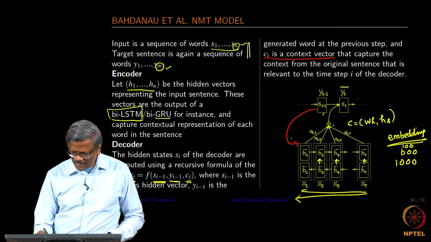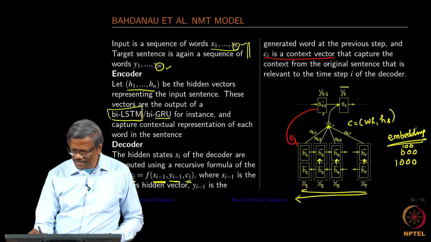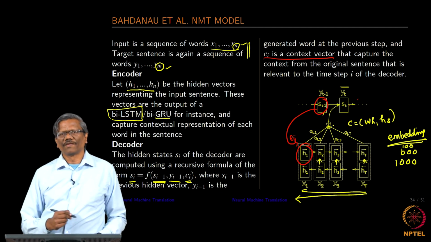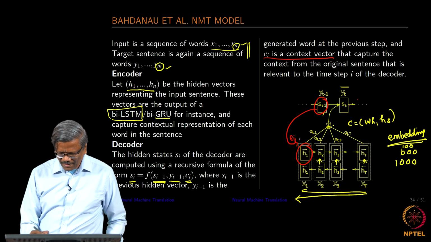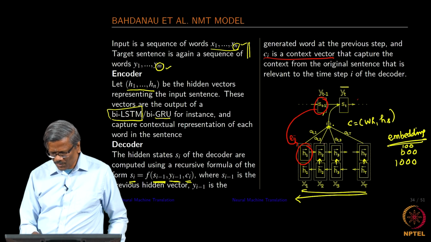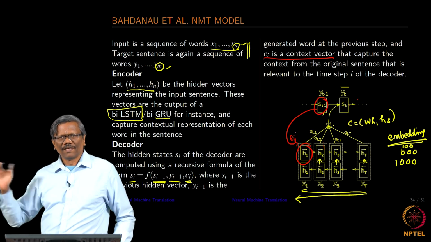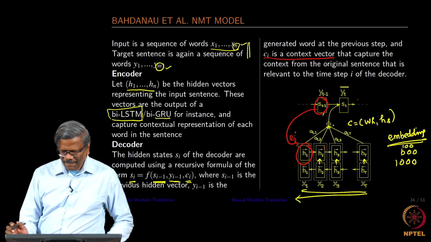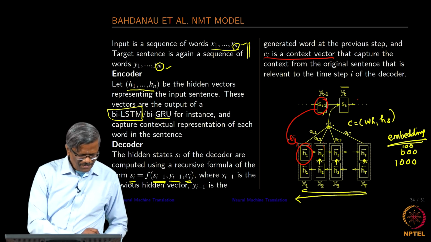So ei is going to be computed using this state and the hidden values that are coming in here. So whichever state you are, this is now ei1 is computed using h1, ei2 would be computed using this, and so on. And then i represents the hidden unit of the decoder. Okay. Is this clear?